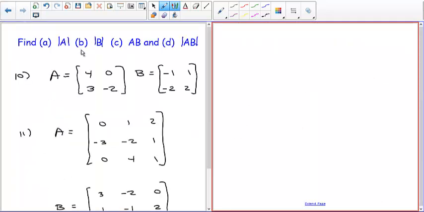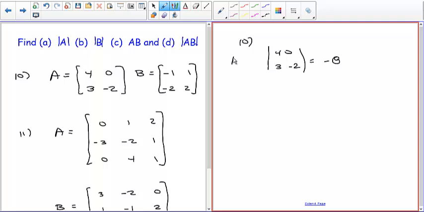Okay, and the last bunch of problems, you're asked to find the determinant of A, the determinant of B, A times B, and then the determinant of A times B. So this is number 10, the determinant of A is going to be equal to -8. 4 times -2 minus 3 times 0.